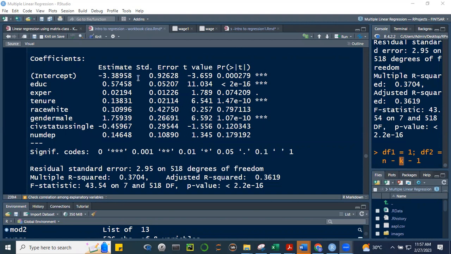But it just means that on the average, ano class, married, female, and non-white individuals with no education, no experience, no tenure, and no dependents received $3.39 less than their counterparts.